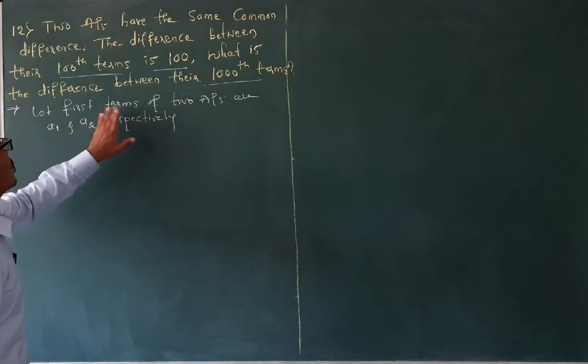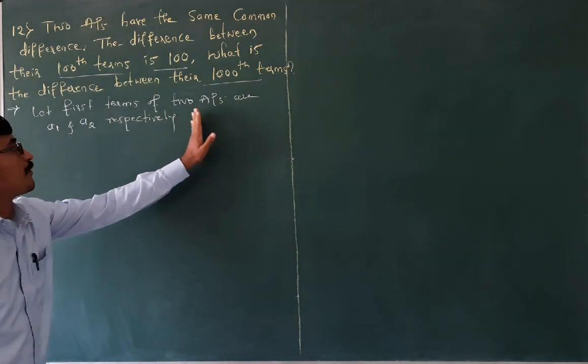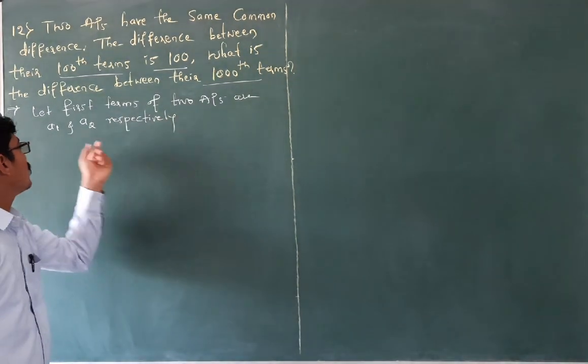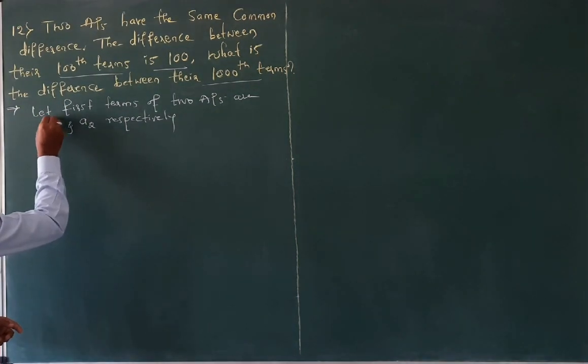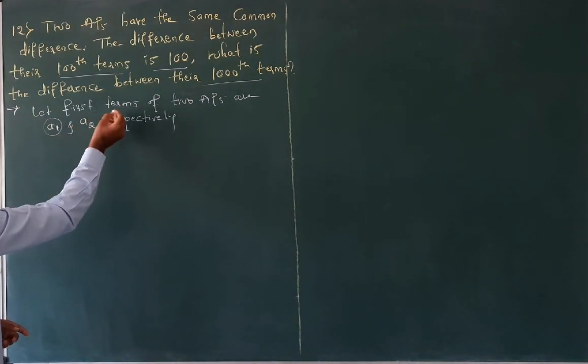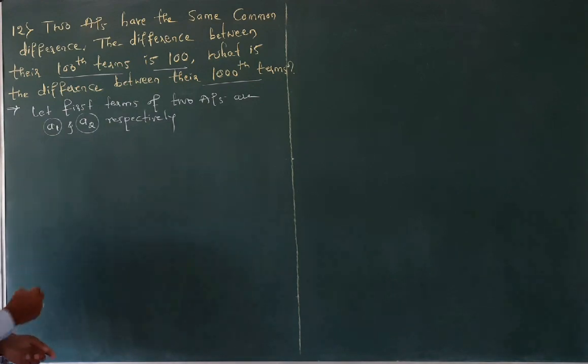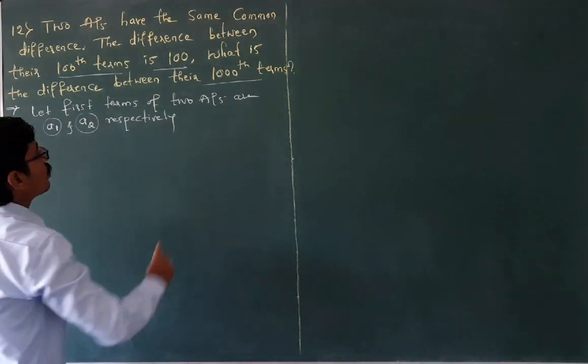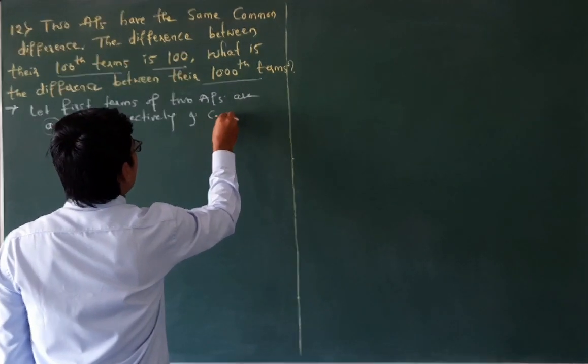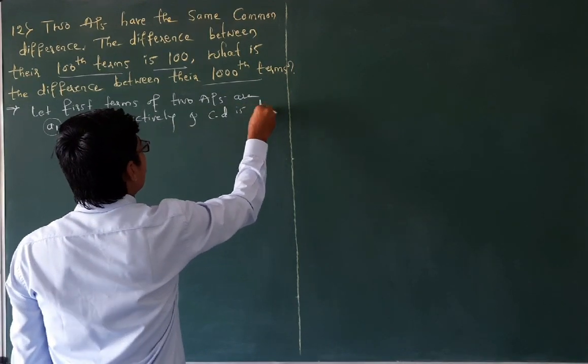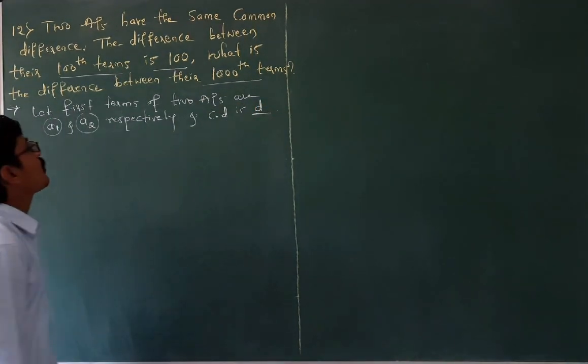So here, the first terms of two APs: one is the first AP, the other is the second AP. Then for the first AP the first term is A1, for the second AP the first term is A2, and the common difference is D. D is the common difference.